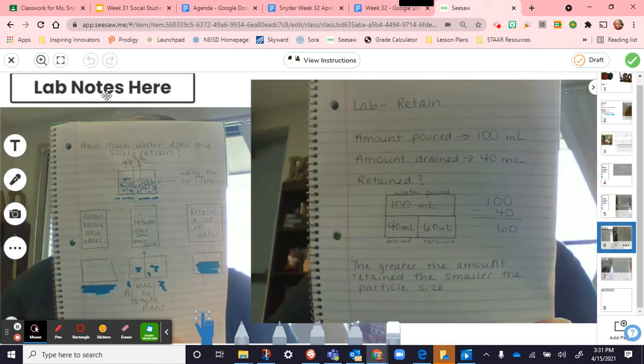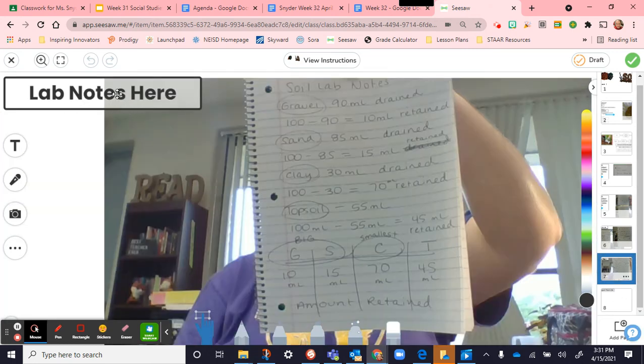Yesterday we started the lab notes. Click on this and hit Control-C to copy, add a new page, and then you now have a second page. Hit Control-V, or just type lab notes here. So our lab notes continued on this next page. These were the notes that we took. Go ahead and upload it to this.